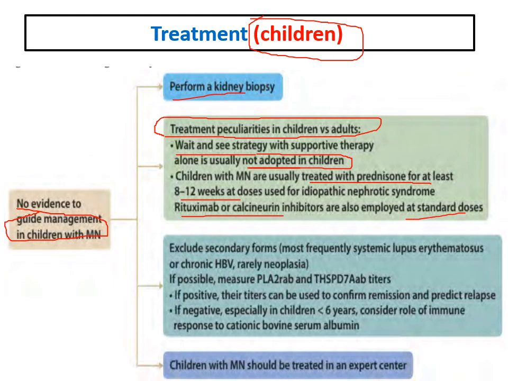We should exclude the secondary forms, mostly lupus and hepatitis B. We can measure the assay titer; if positive, it can be used to confirm remission and detect a relapse. If negative, especially in children less than 6 years, we consider a role of immune response to cationic bovine serum albumin, as we said in the pathogenesis.